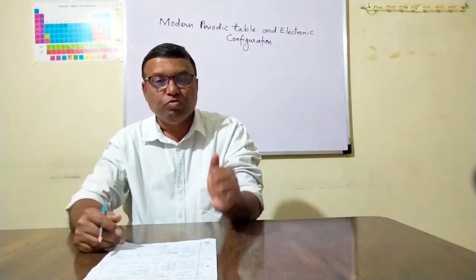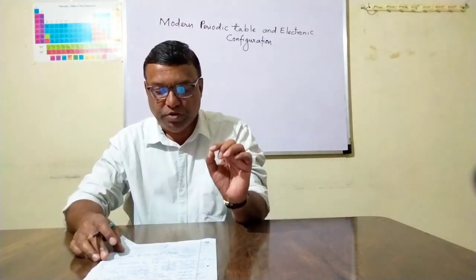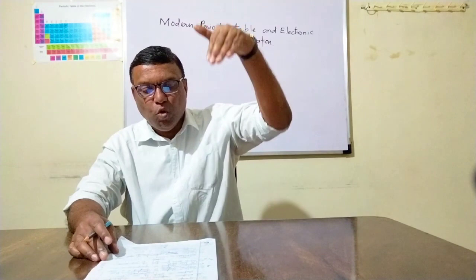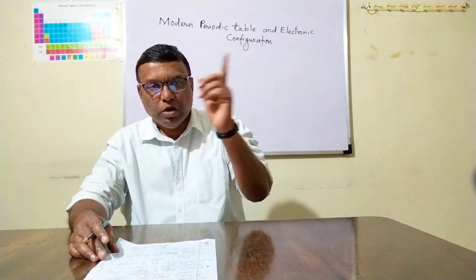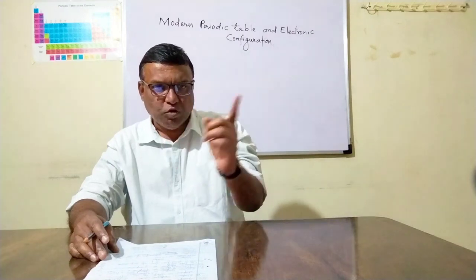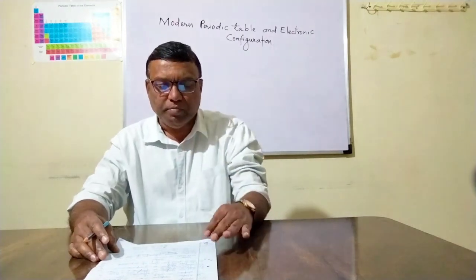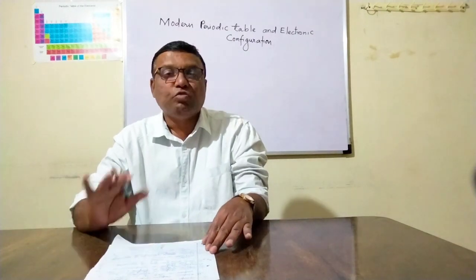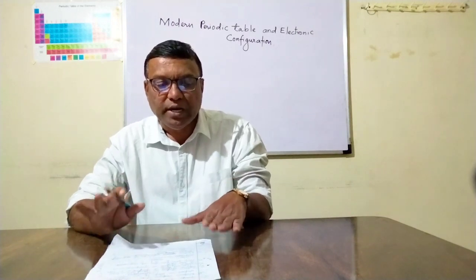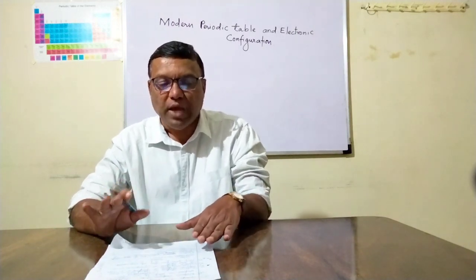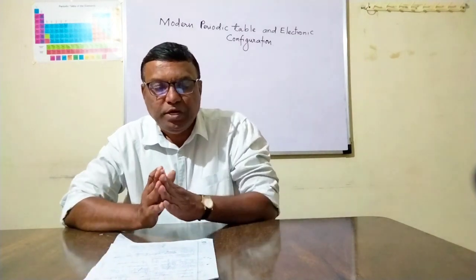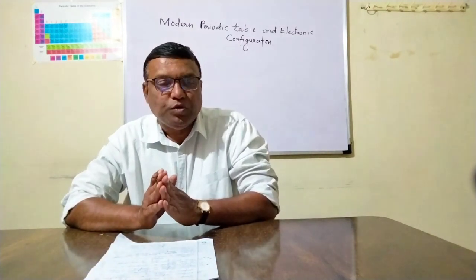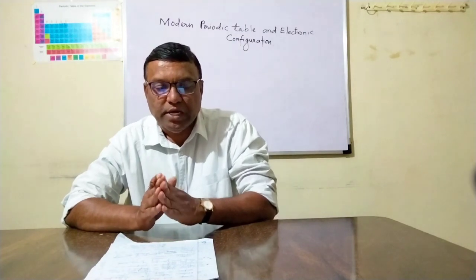So the important observation is that as we go down in the group, the number of shells or orbits increases. So these 7 points are related with groups and electronic configuration. Hope students, you understood this point clearly.